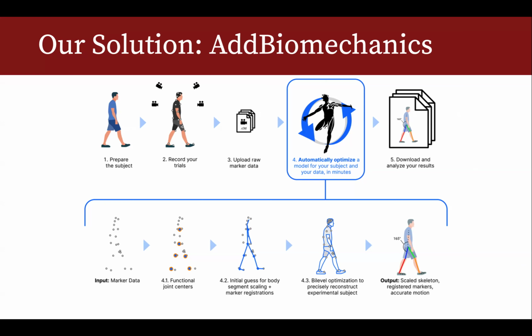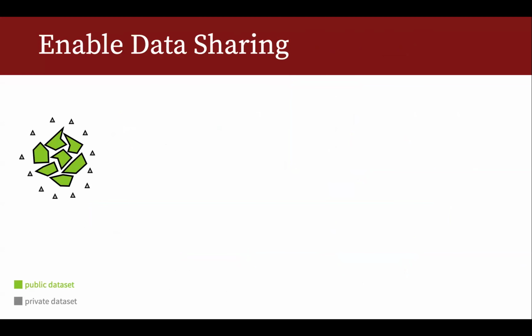You put your raw motion capture data there, and you get back a scaled digital twin, a skeleton that fits both kinematically and dynamically. Because when you give us motion capture together with a force plate, we can come up with the motion that fits both the equation of motion as well as the markers and the forces that you collect.